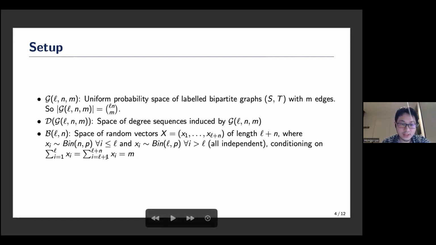And this whole space is conditioned on this condition here. If any sequence satisfies this condition, we then say that this sequence, be it a degree sequence or not, is balanced.